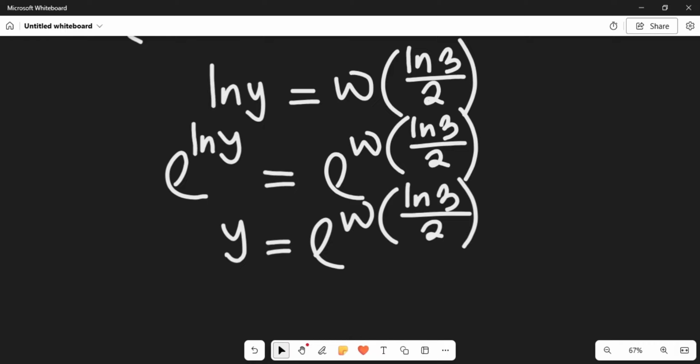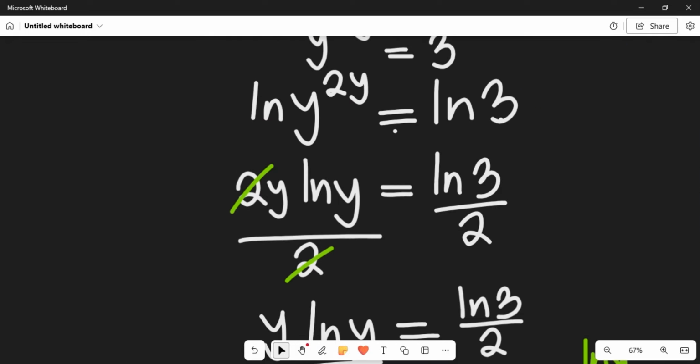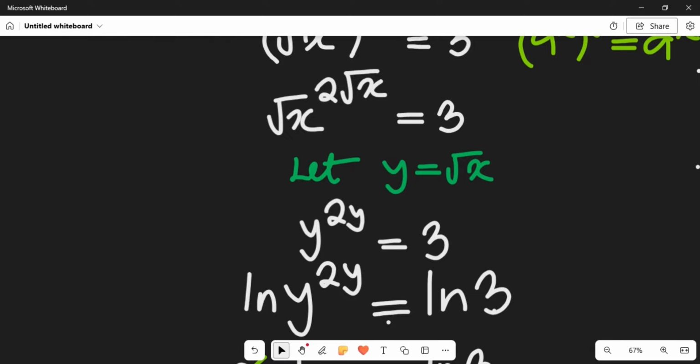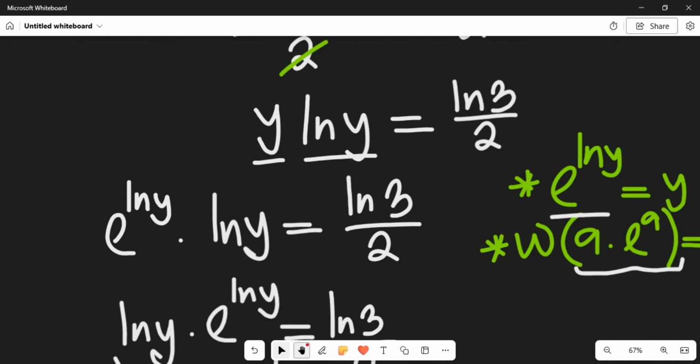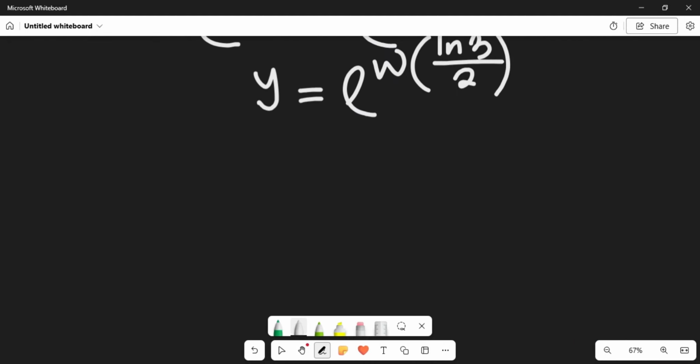Now remember, from the earlier part, we introduced the fact that y is equal to the square root of x. Now if we bring that point here, we can see that if y is equal to the square root of x and we decide to square both sides, then the value of our x will be equal to y squared.